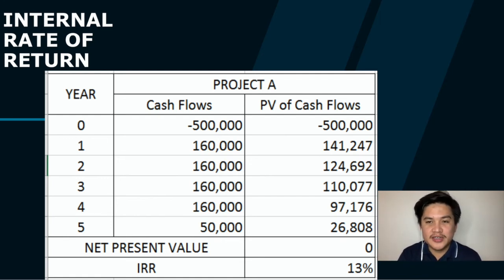So let's assume that a company is deciding whether to purchase new equipment that costs 500,000. Management estimates the life of the new asset to be 4 years and expects it to generate an additional 160,000 of annual profits. In the fifth year, the company plans to sell the equipment for its salvage value of just 50,000 pesos.